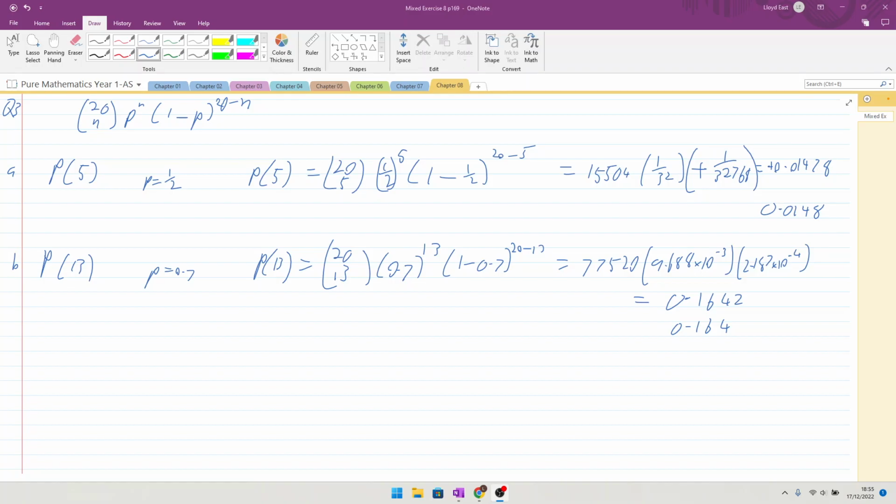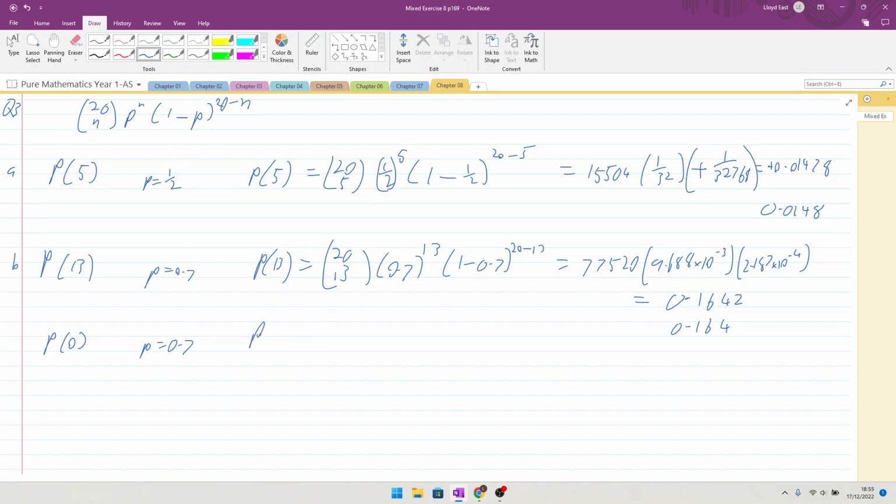Well, that's what it would be if I had written down the correct answer. They wanted nobody winning it, not 13 people winning it. But if 13 people were winning it, it would be 0.164. Okay, so let's do B again. And this time they want the probability of 0 people winning it, and the probability of one person winning it is 0.7.